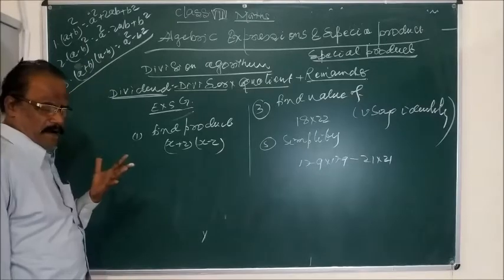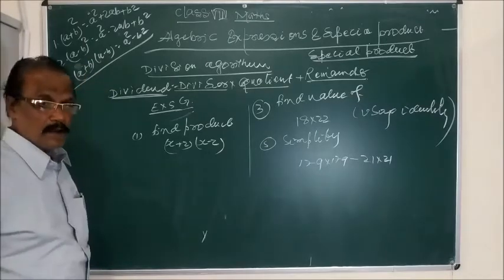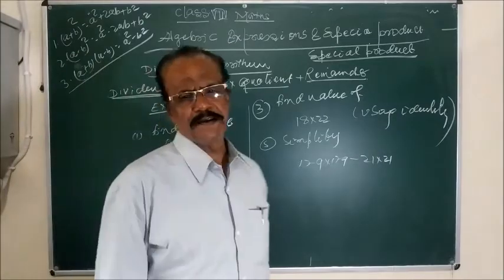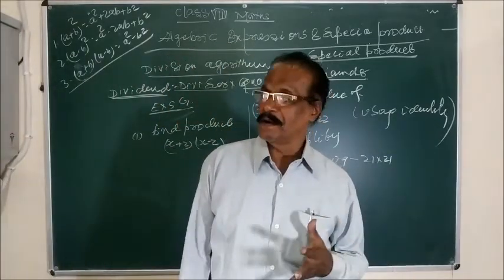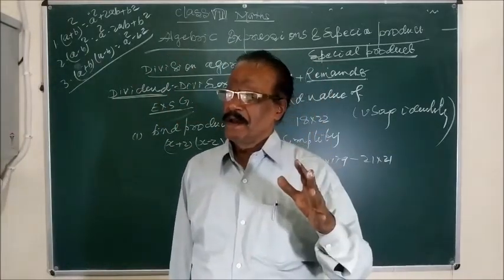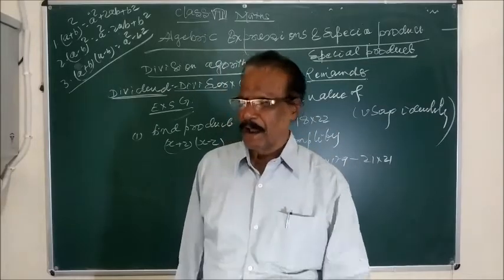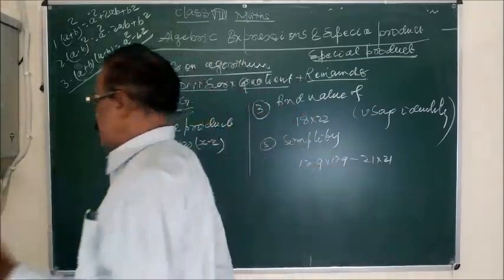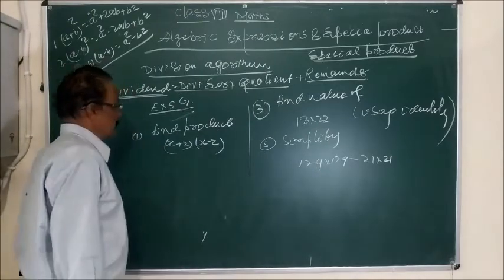This can be verified. You can also derive this formula. It is not important to learn all the formulas by heart. You should learn how you can obtain this formula. That is more important than to remember.